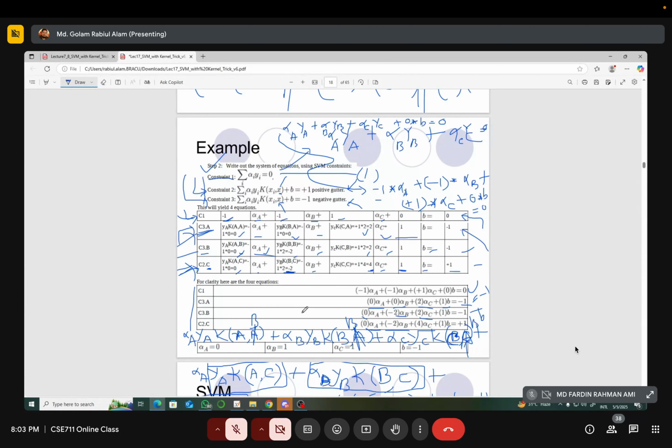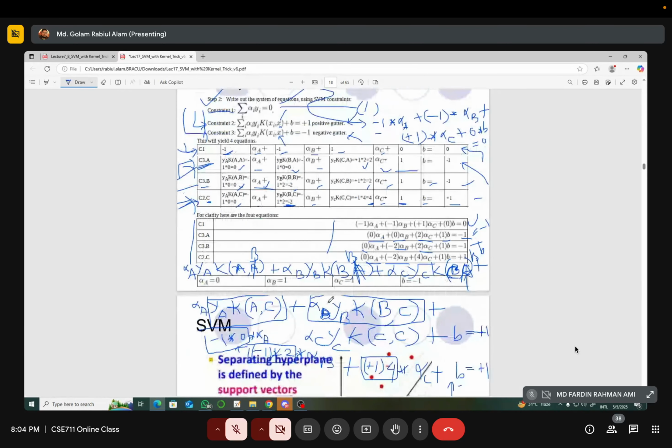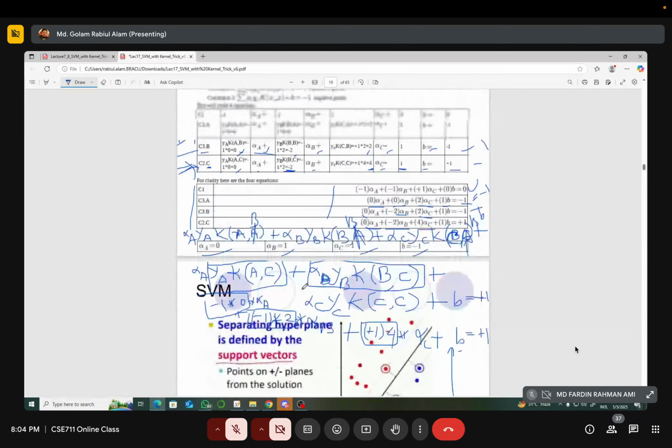So it means we can easily find out the values of alpha A, alpha B, alpha C, and also b by solving these four equations. If we solve those equations, then you will get alpha a equal 0, alpha b equal 1, alpha c equal 1, and b equal negative 1.